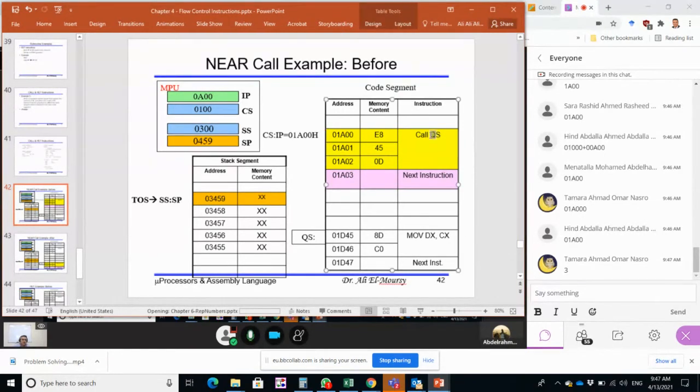Of course, from the instruction itself you cannot tell. It is called QS. What is QS? QS is a label, down there. Inside my code segment I have the label QS. I put it in front of one of the instructions to indicate that this is the starting point of my subroutine.